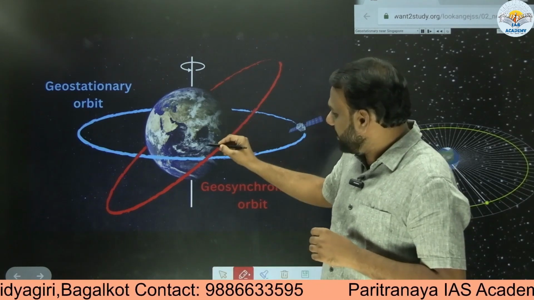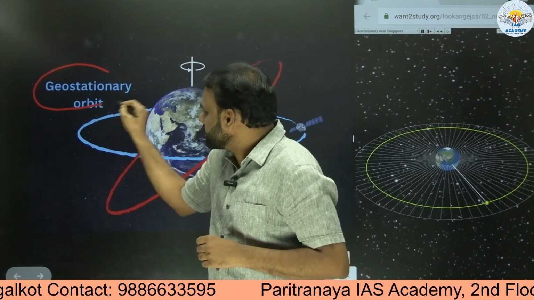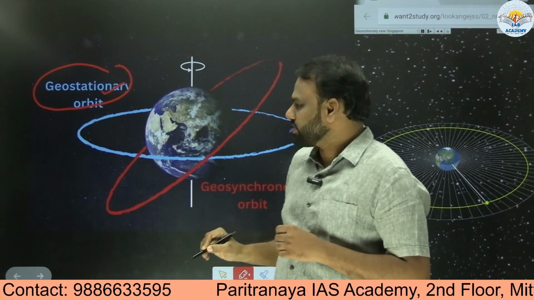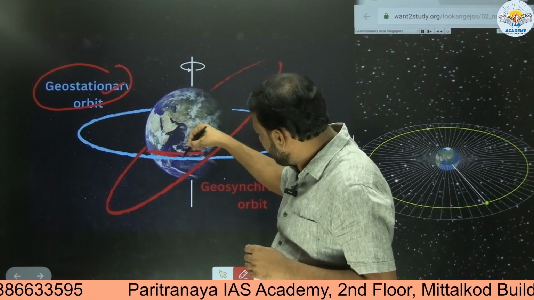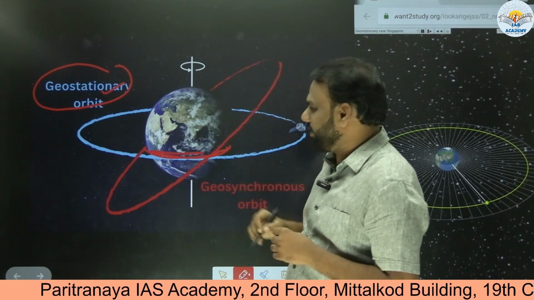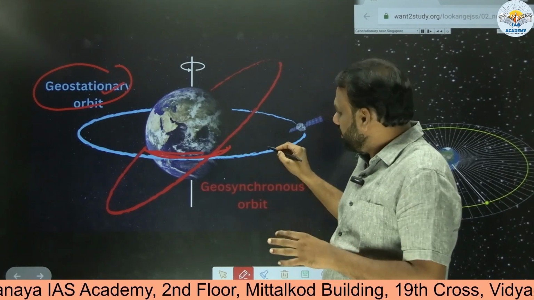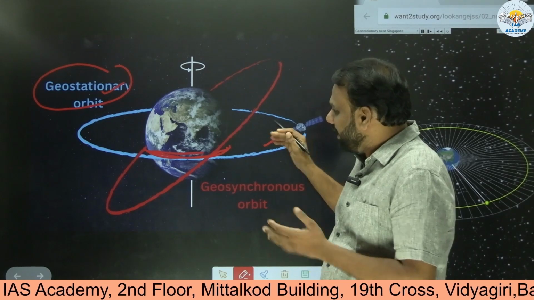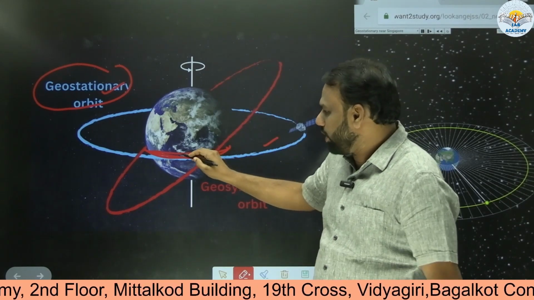This is our Earth, and this is the geostationary orbit. Exactly on the Earth's surface, we have the equator. From this image it is clearly visible that the geostationary orbit is exactly on top of our equator.